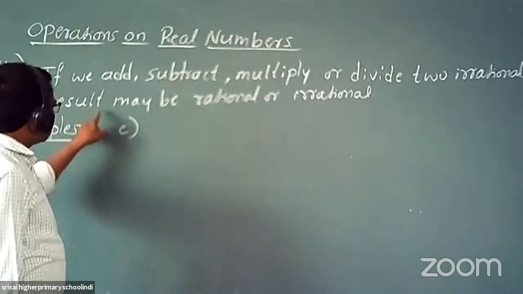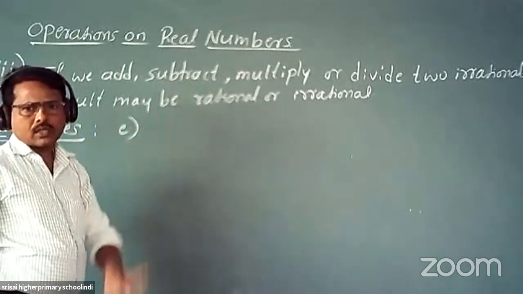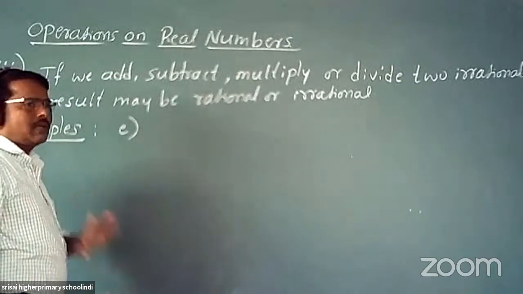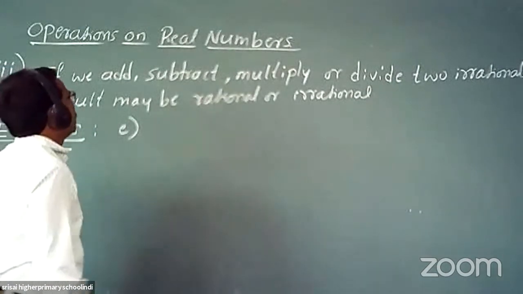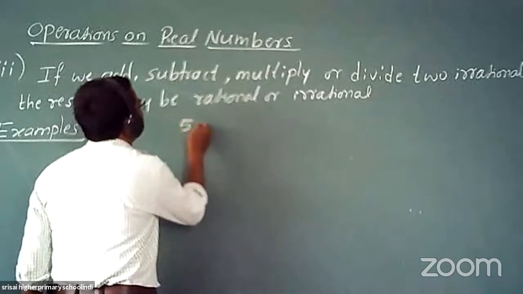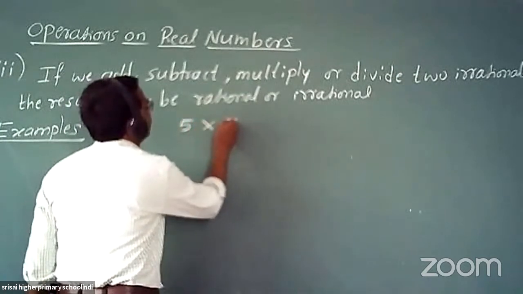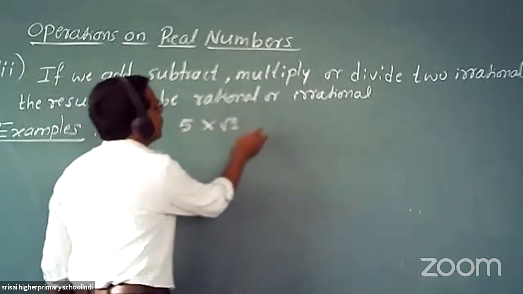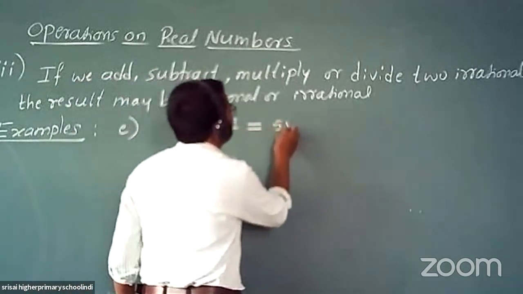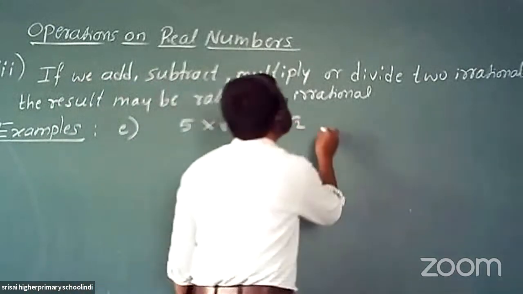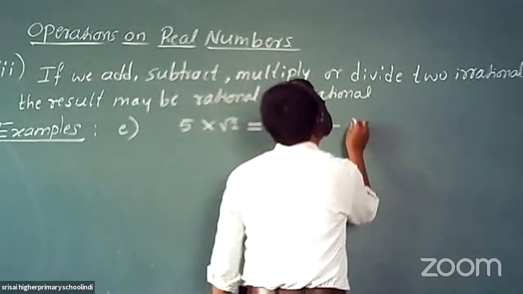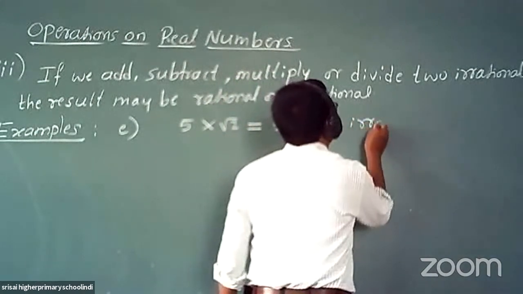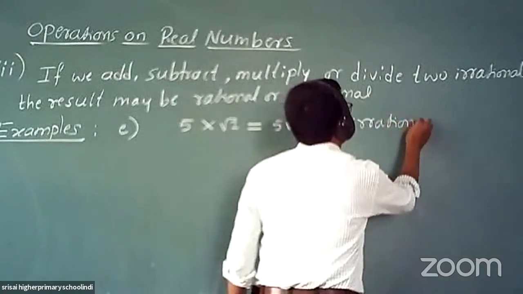What is told: the result may be rational or irrational. For rational one example, for irrational one example I'll give. For example, 5 square root of 2. If you are multiplying one rational number and another irrational number, its result is 5 root 2. This is irrational. The answer is irrational.